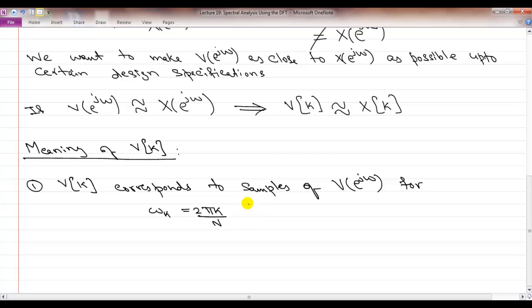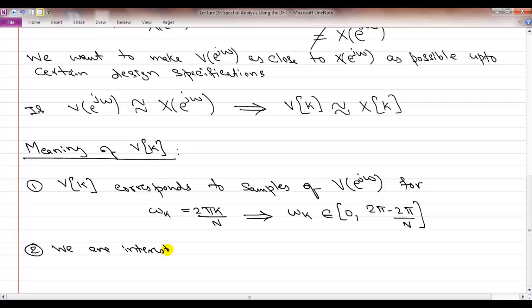Right? This means that omega k, so if k equals 0, omega k is 0, and if k equals N minus 1, that is simply 2 pi minus 2 pi over N. So omega k always belongs to 0 and 2 pi minus 2 pi over N. On the other hand, we are interested in finding out what is the relationship of this V k to the continuous time frequencies.